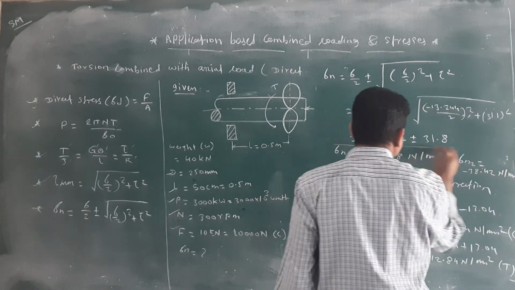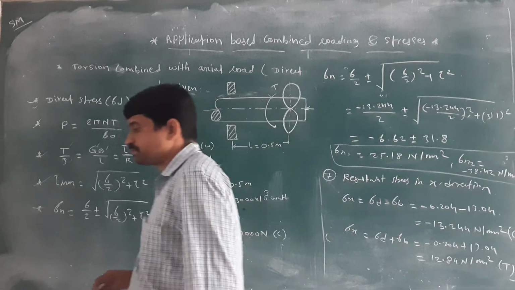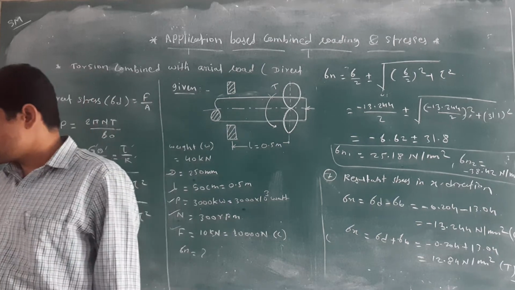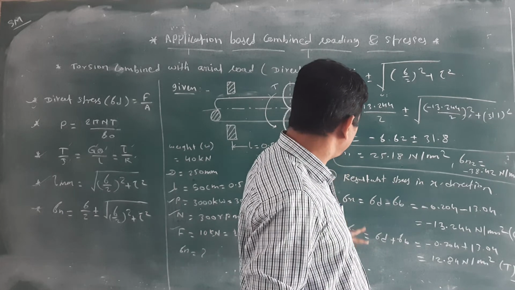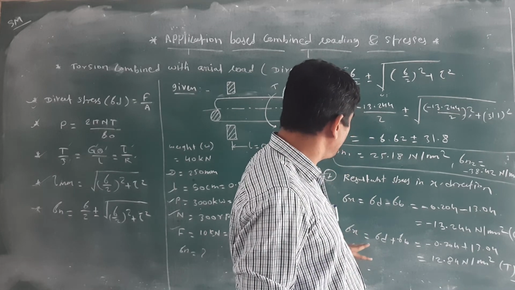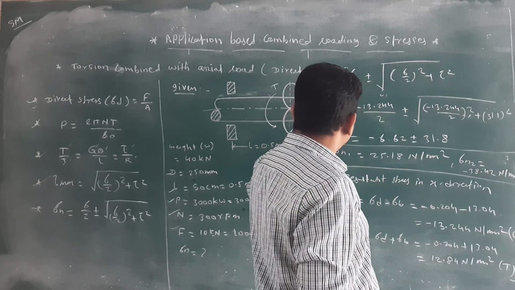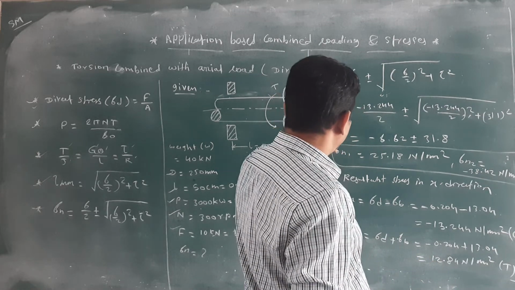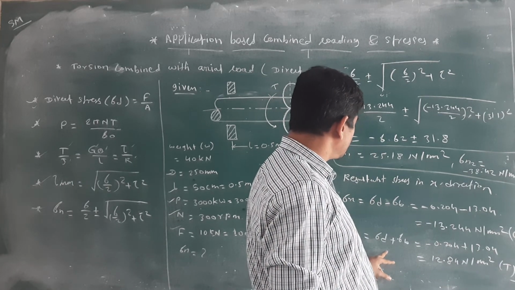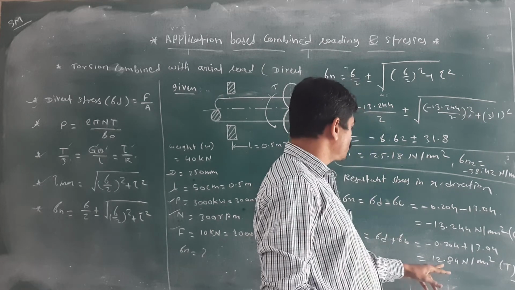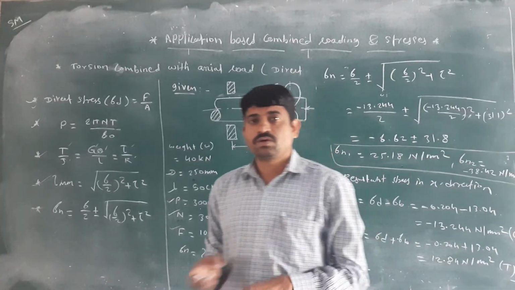In this way, you can calculate the normal stresses, or we can say the principal stresses at the bottom and at the top. You only have to put in this value. For the principal stresses at the bottom, I chose the compressive nature. If you calculate the principal stresses at the top, then you have to choose the value 12.84 and do the same calculation.